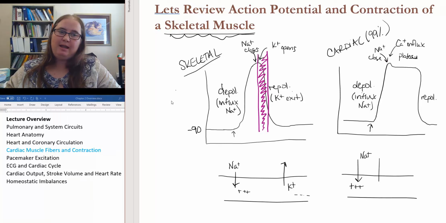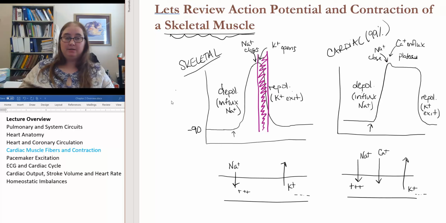So what happens now is we also get an influx of calcium. This here causes that plateau. And then we have our repolarization. This is due to potassium exit, just like it is in skeletal. Our potassium exits, and the inside of our cell becomes negative.